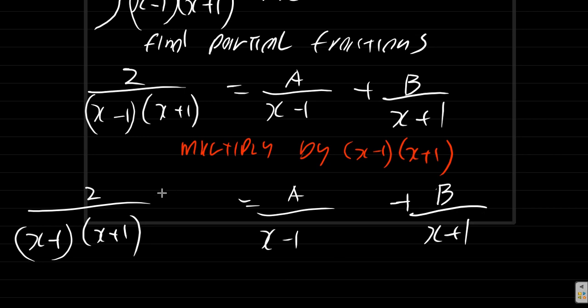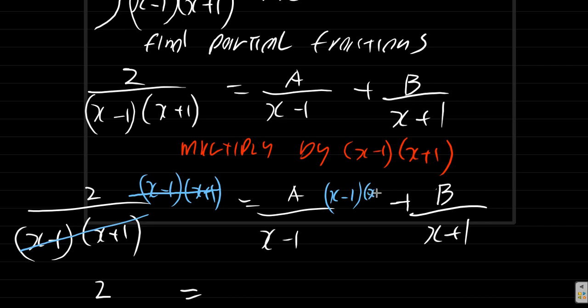Alright. If you multiply, you have (x minus 1)(x plus 1). This multiplied, x minus 1, x plus 1 cancel x minus 1, x plus 1. So you have 2 equal. What will happen here now? You have x minus 1, x plus 1. The x minus 1 will cancel the x minus 1, and that will leave a times x plus 1.